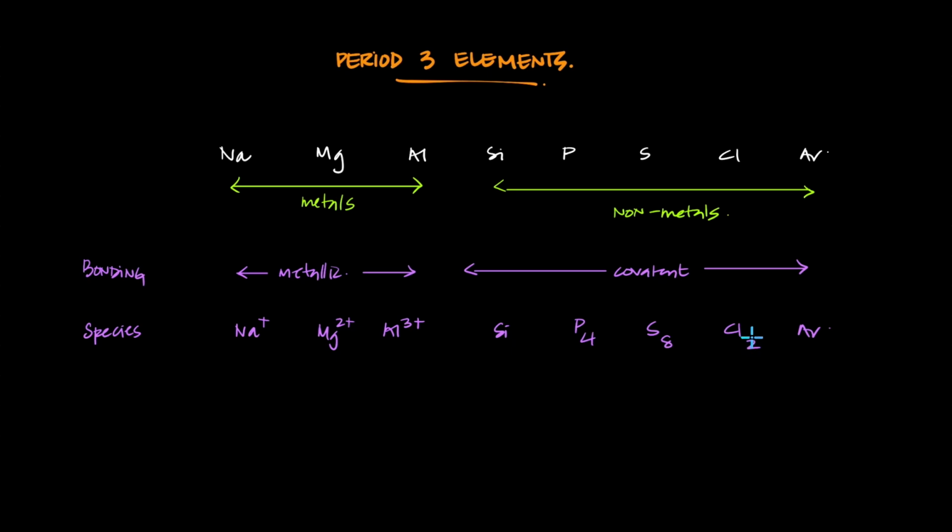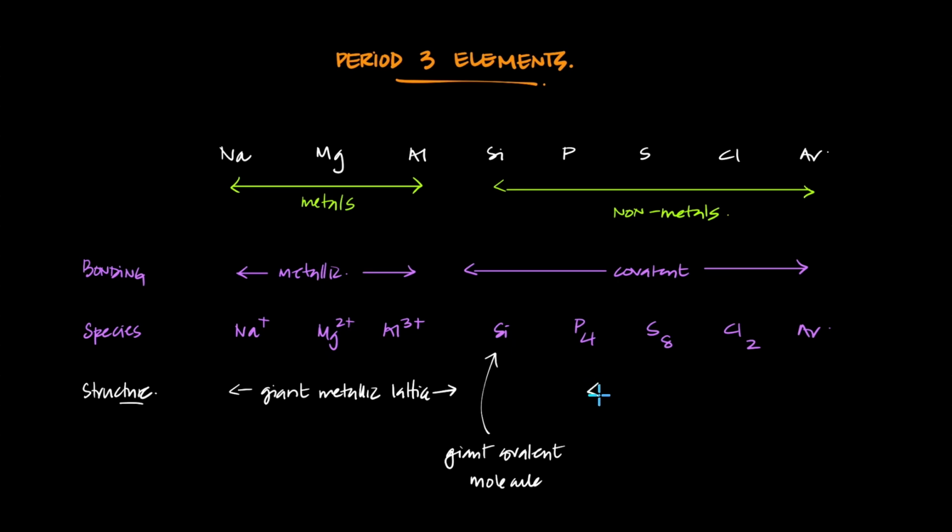Now because they have these species, they have a structure. These three are a giant metallic lattice. Silicon is a giant covalent molecule, a macromolecule.